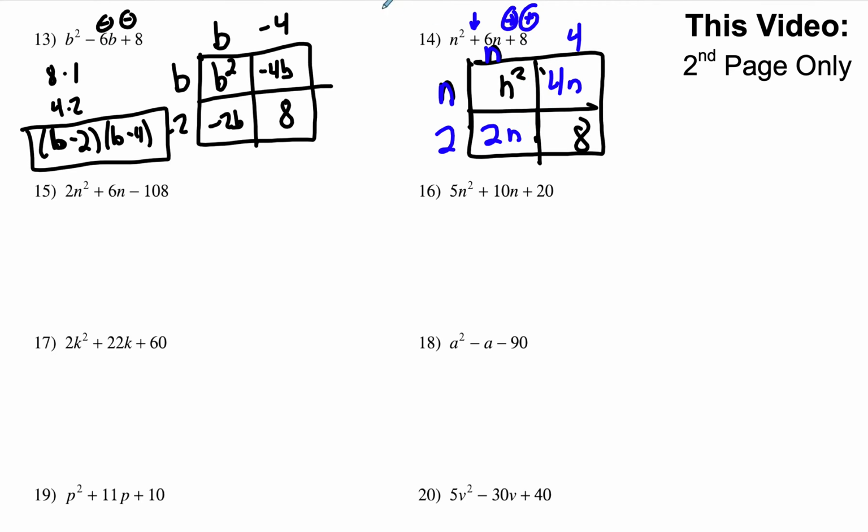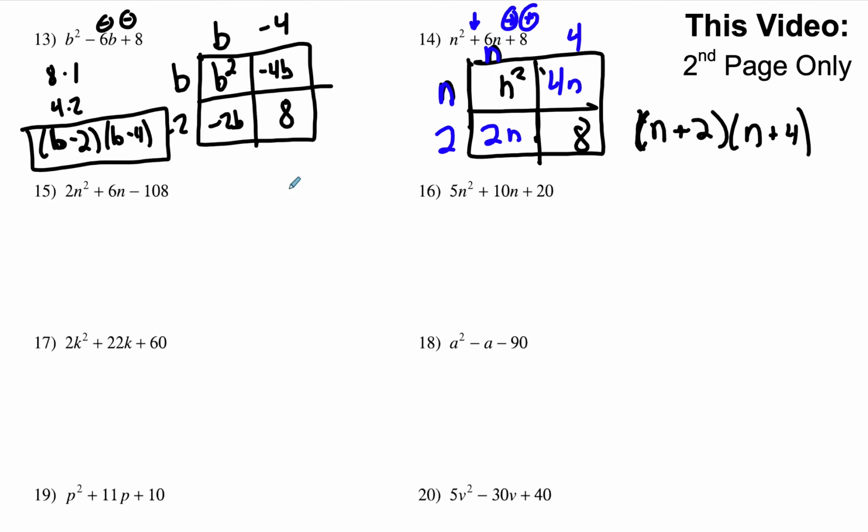So I get 4n and 2n, which adds to a positive 6n. My answer is n plus 2, n plus 4. You can see that whether they're n's or b's, they're very similar, but not the same.